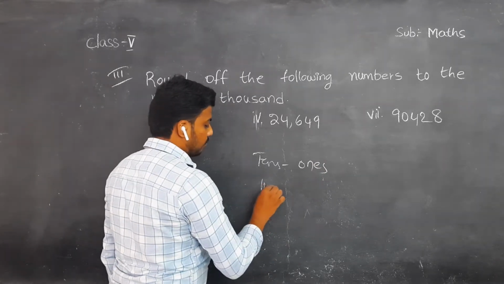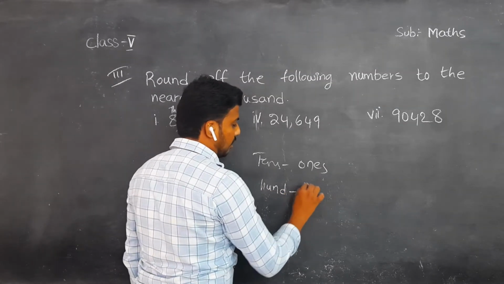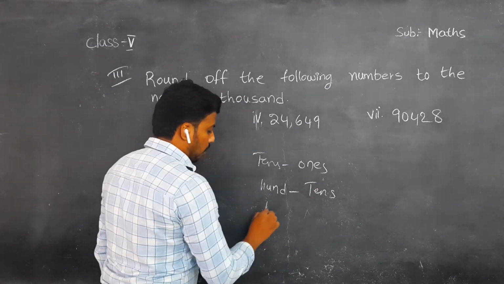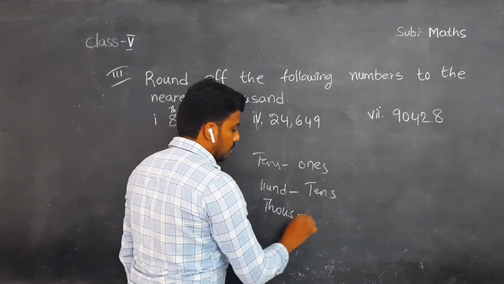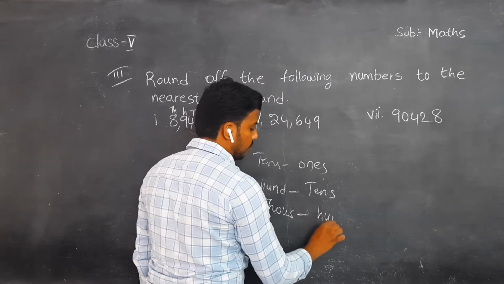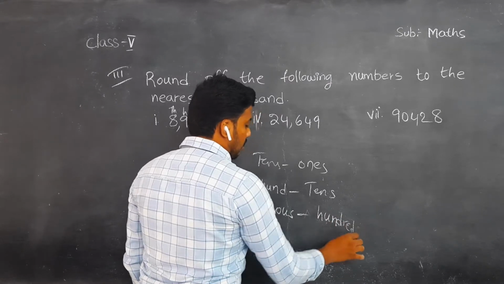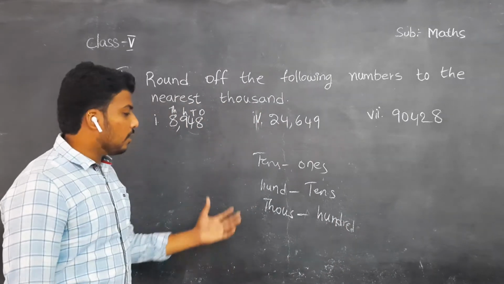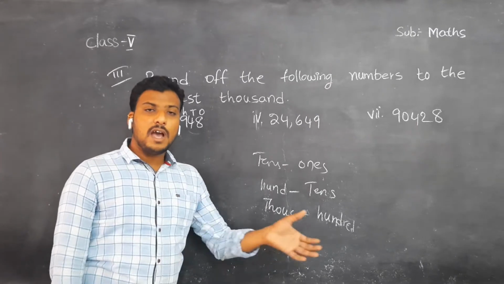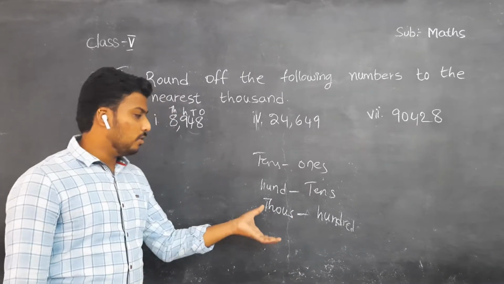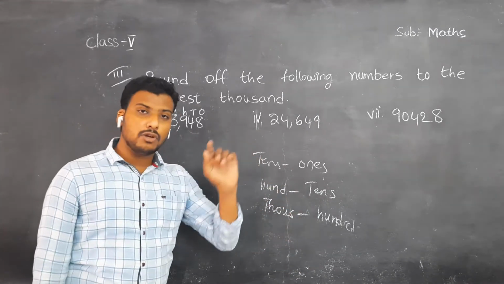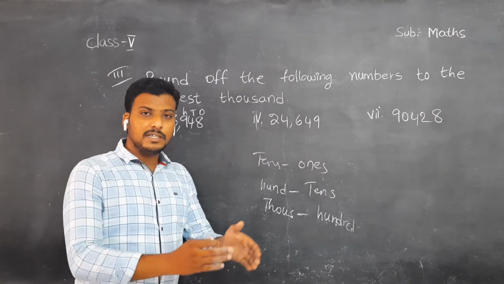For hundreds, you concentrate on tens. For thousands, you concentrate on hundreds. If they ask 10,000, then you concentrate on thousands. If they ask lakh, 1 lakh or 2 lakh, then you concentrate on 10,000. Like that, it increases.